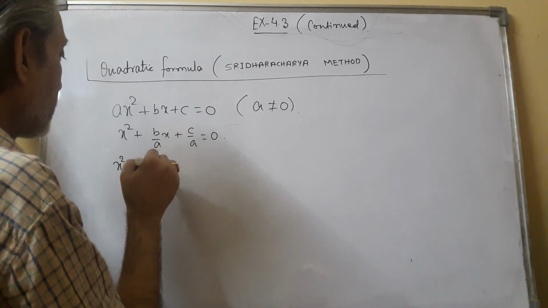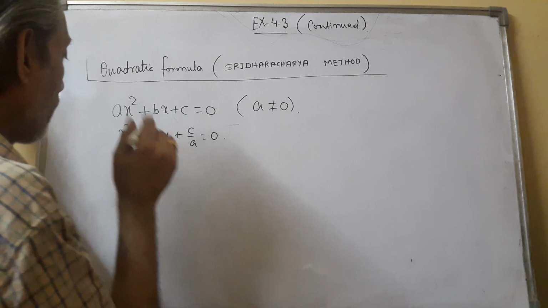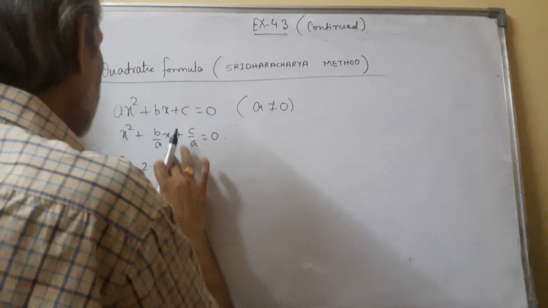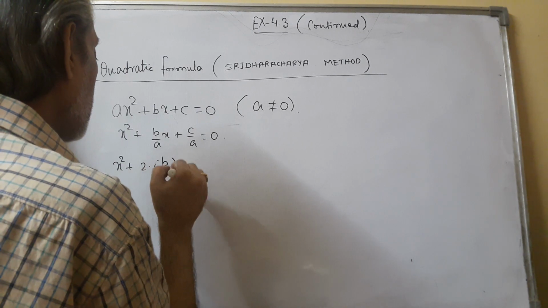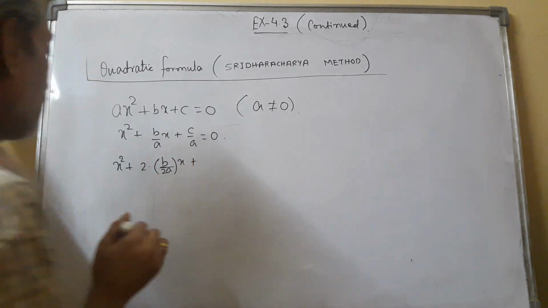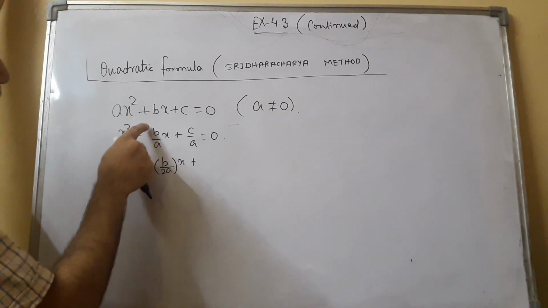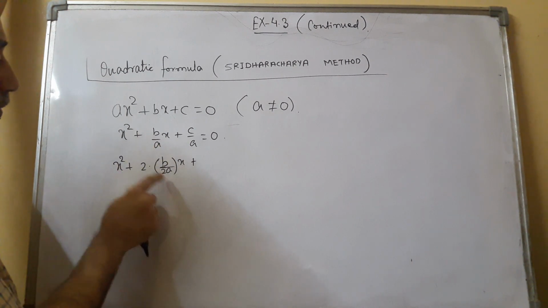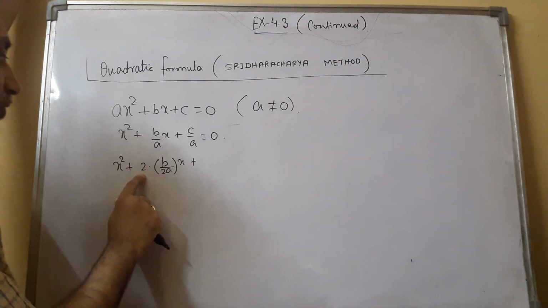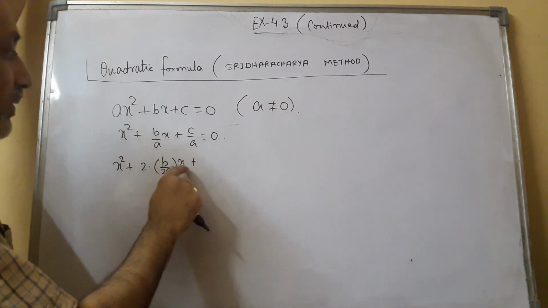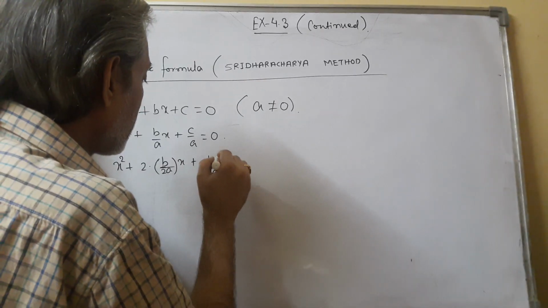We can write this as x square plus 2 into, I have here multiplied this term by 2 and divided this by 2. 2 cancels out. So without making any changes, I wrote it in the form of 2ab. b is what? b upon 2a. So I am going to add this.